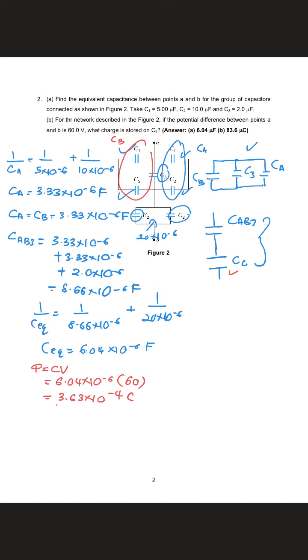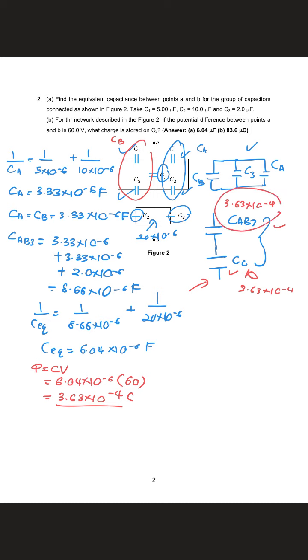Once you get the charge, you reverse your step, which means you open it like this. CC and CAB3 are going to have the same charge because they are in series. So this one is 3.63 × 10^-4, and this one also has 3.63 × 10^-4.